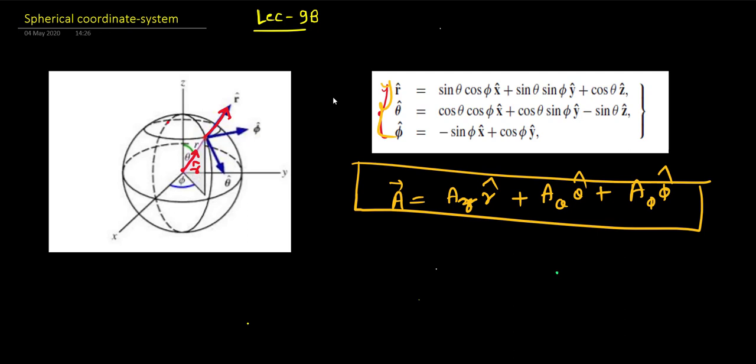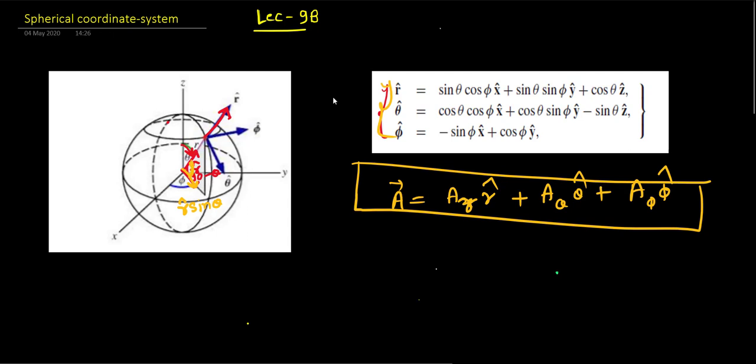Now we want to find the x component. This angle is 90 minus theta, because this is our angle theta. So this yellow component would be r cap sine theta, because this angle is 90 minus theta.